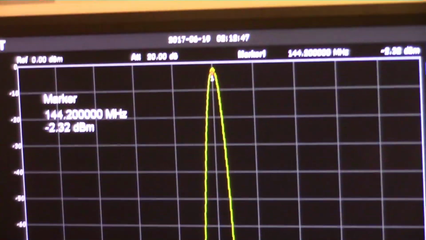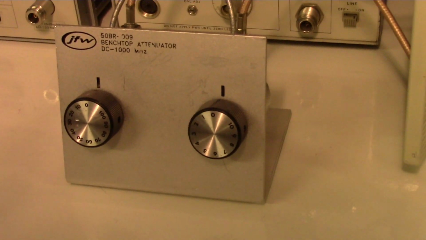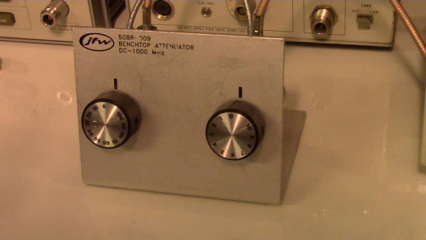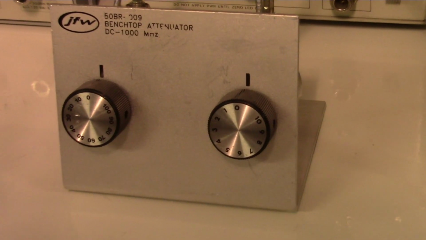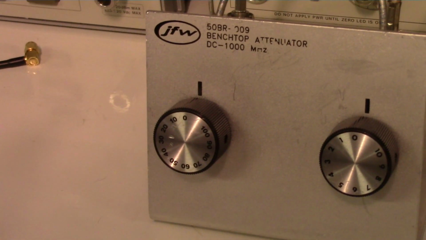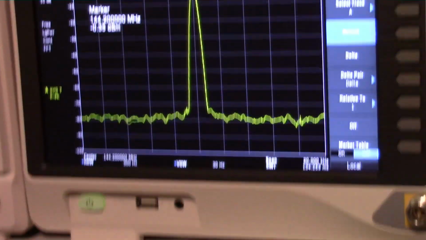You also want to do the same thing and verify the step attenuator that you're using. Now I've already verified that in fact every time I advance the 1 dB attenuator I do see a 1 dB change, and when I change the 10 dB attenuator I see a 10 dB change.